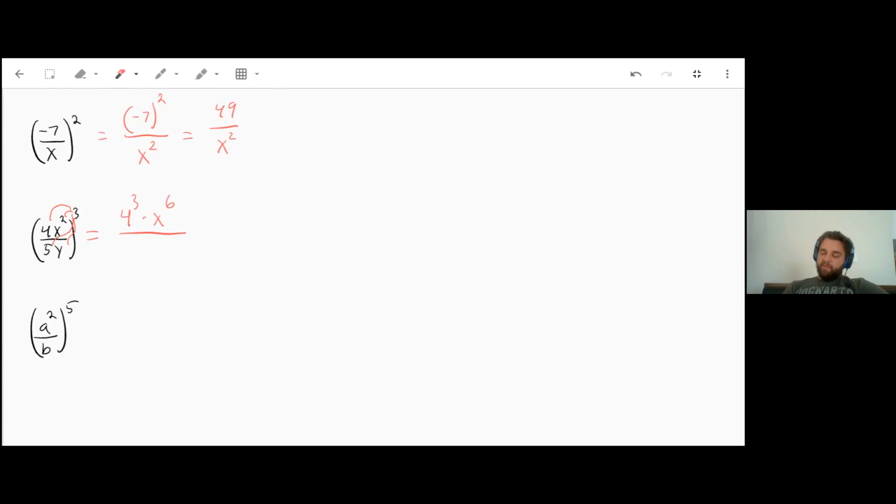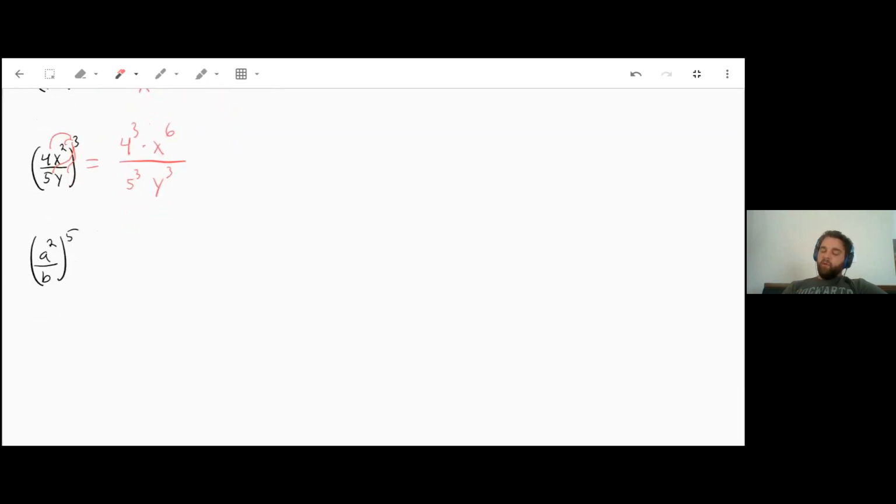On the bottom, we'll have a 5 to the third, and then a y to the third. And for this final problem, it will also be similar to that. We can distribute the 5 into both parts. So you'll have a base of a on top, a power of 2 then to the power of 5 would be 2 times 5 would be 10. So a to the 10th power over b to the 5th.